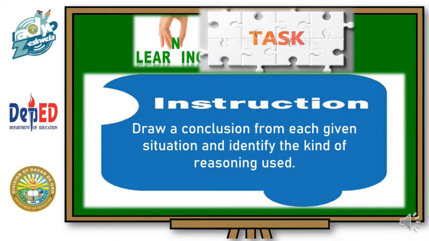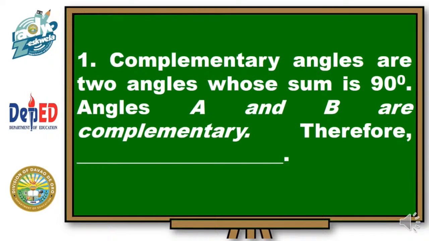Again, for our second learning task, draw a conclusion from each given situation and identify the kind of reasoning used. Item number 1. Complementary angles are two angles whose sum is 90 degrees. Angles A and B are complementary.